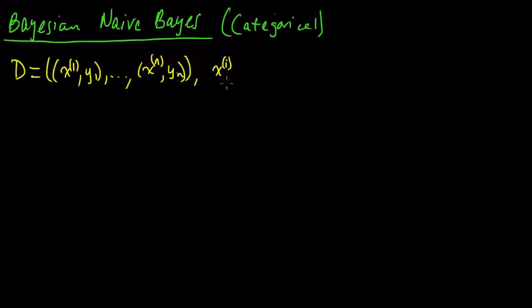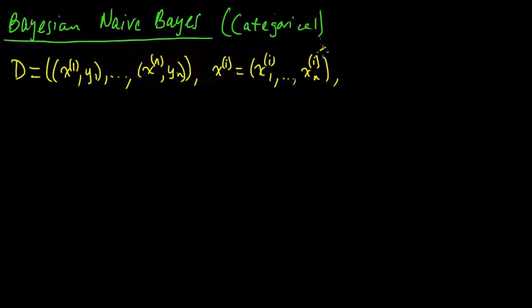So I'll use a superscript for the whole vector, so x superscript i is this vector of values x superscript i subscript 1 up to d.